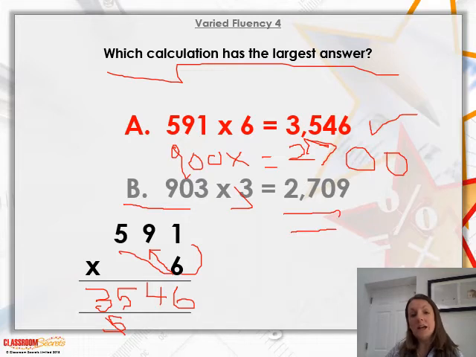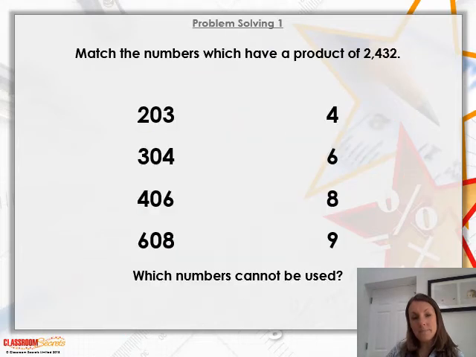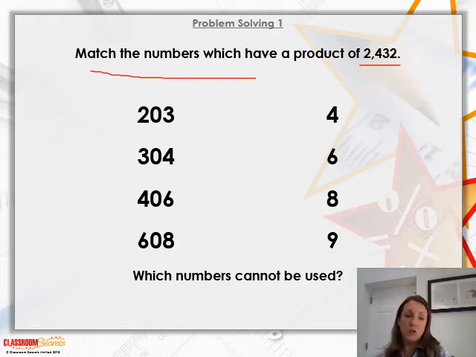You can use the grid method as well to check that this one is also right. You can pause and do that now for yourself, and it's good practice for you too. Okay. Match the numbers which have a product of 2,432. So have a little look. Remember, the product is when two numbers are multiplied together.